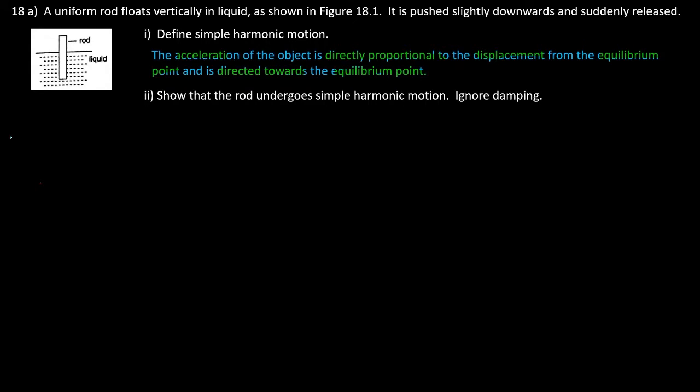Remember that whenever you want to prove simple harmonic motion, we start with the object in equilibrium. When it is in equilibrium, it means that the object doesn't move, it is at rest. The rod is at rest.